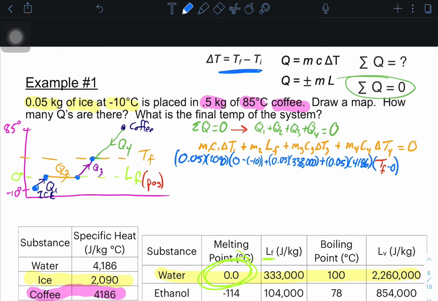That's my Q3. Then plus, I'm going to go right down here for Q4. Now we have my coffee, with a mass of 0.5 times the specific heat of 4,186 times my change in temperature, which is TF, the thing we're solving for, minus the temperature at which it started, that 85 degrees, which is equal to 0.